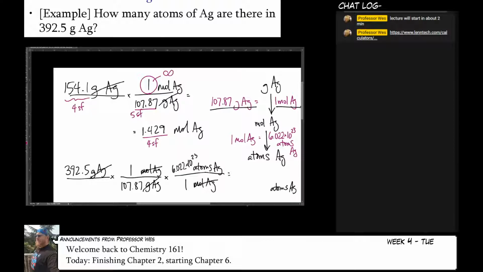When you're doing calculations with exponents that are this large, you kind of get forced into using the EXP button or EE. Make sure you're using it correctly. You should get this as your result. 2.191 times 10 to the 24. And that should have 4 sig figs because of the number we started with, and also because of Avogadro's number.